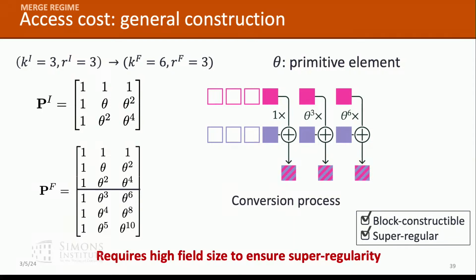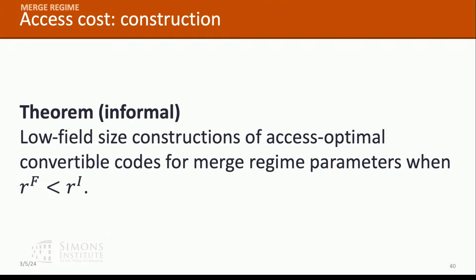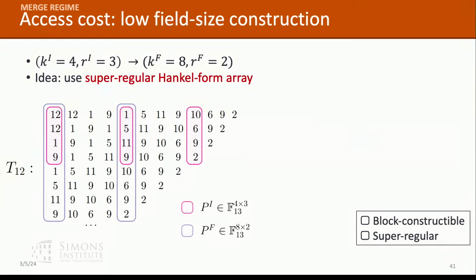You put it in like a polynomial, then you'll have a certain degree polynomial, and you can say there exist these values as long as the field size is large enough. And there are lower field size constructions as well for certain parameter regimes. I'll not go too much into the details, but it has this nice combinatorial structure where we can use superregular Hankel arrays.